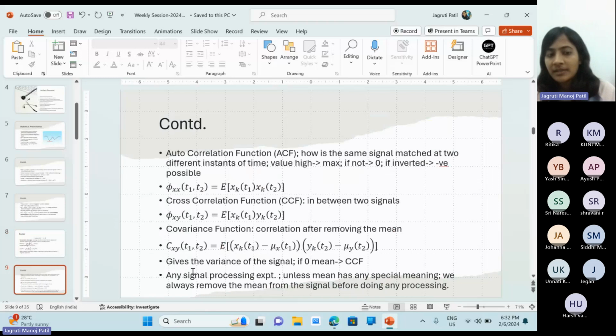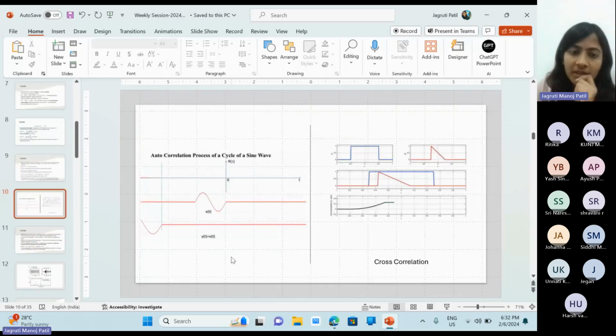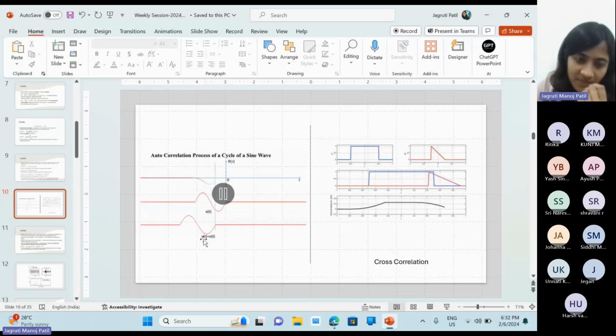Next, there are two types of functions called autocorrelation and cross correlation. I'll show you the waveforms for them and then we'll go into the formulas. Here, there is a signal x of t, a sinusoidal signal, and we have another same signal x of t, but it's moving over time.